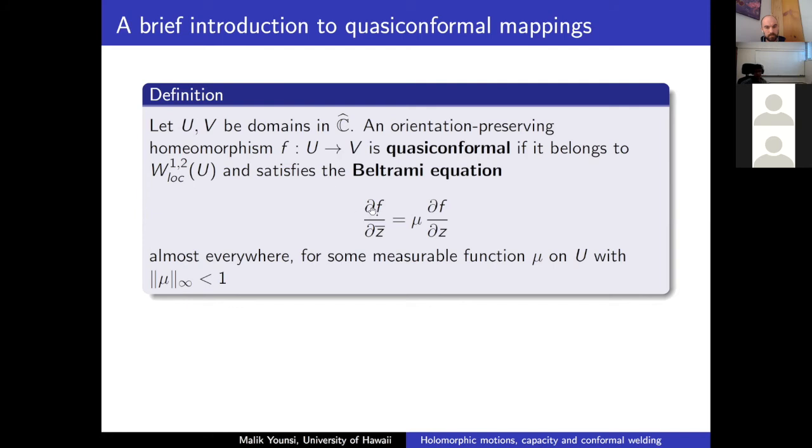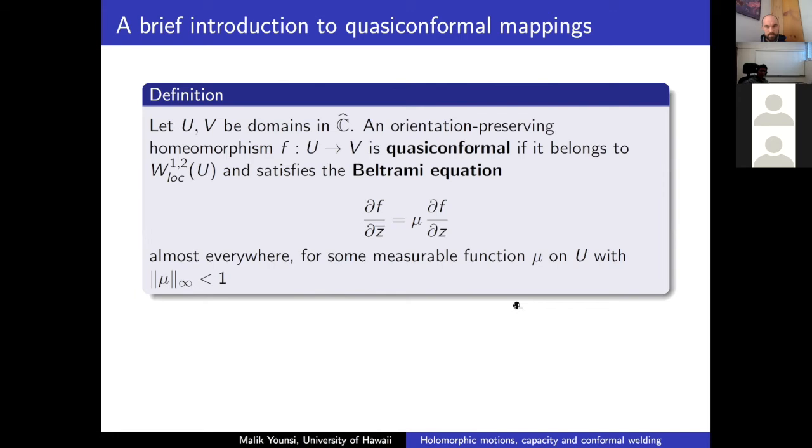So the partial derivative of f with respect to z bar should be equal to some function mu times the partial derivative of f with respect to z. And this function mu is a measurable function on U, and we want its L infinity norm to be strictly less than 1. So that's an elliptic partial differential equation. So that's the definition of a quasiconformal mapping.